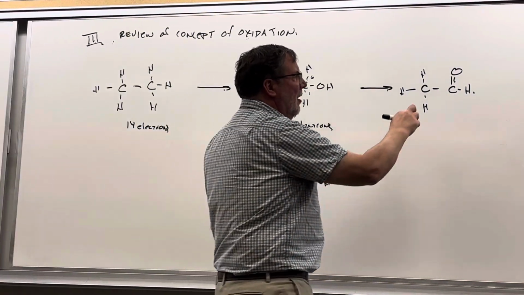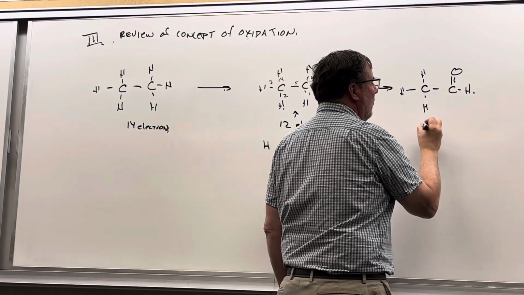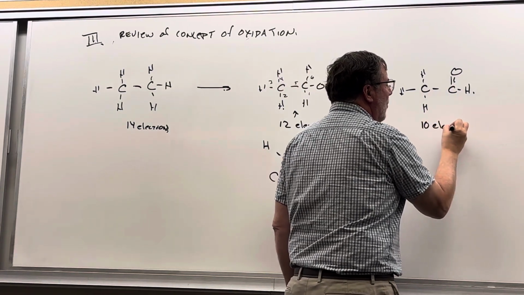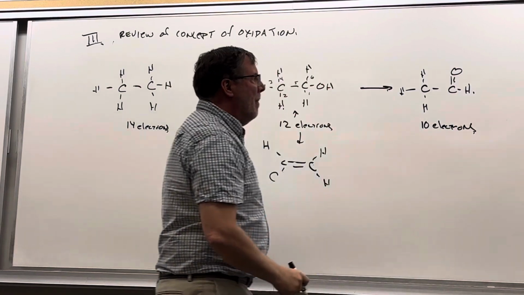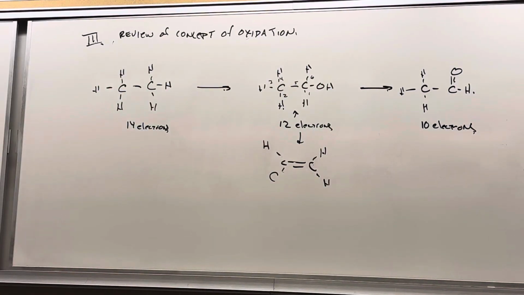Actually, I guess I could go ahead. 1, 2, 3, 4, 5. So this is 10 electrons here. It would actually be the same oxidation state as ethyne or acetylene.